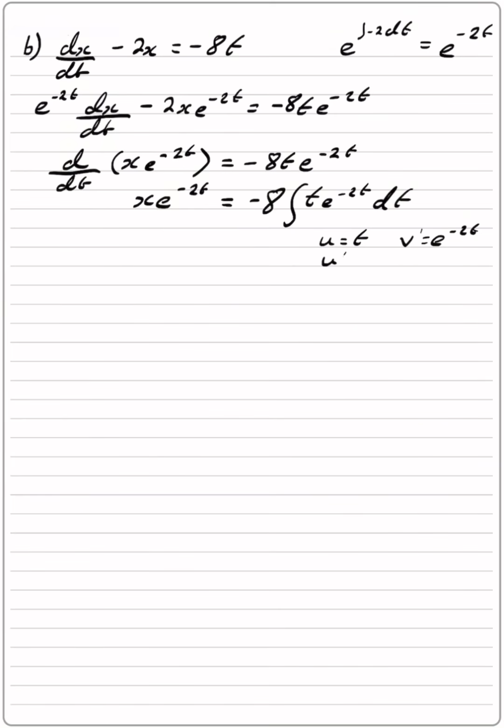And we have a standard integration by parts to carry out. Select u to be t, because it differentiates to 1, v dash to be e to the -2t, which we can integrate easily.